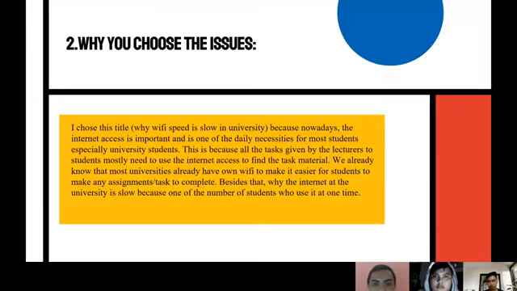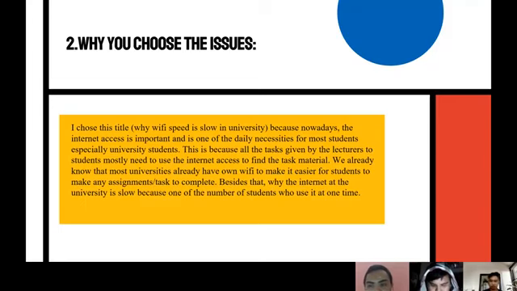Next. Okay, why did we choose this issue? I chose this title, why Wi-Fi speed is slow in university, because nowadays internet access is most important and is one of the daily necessities for most students, especially university students.